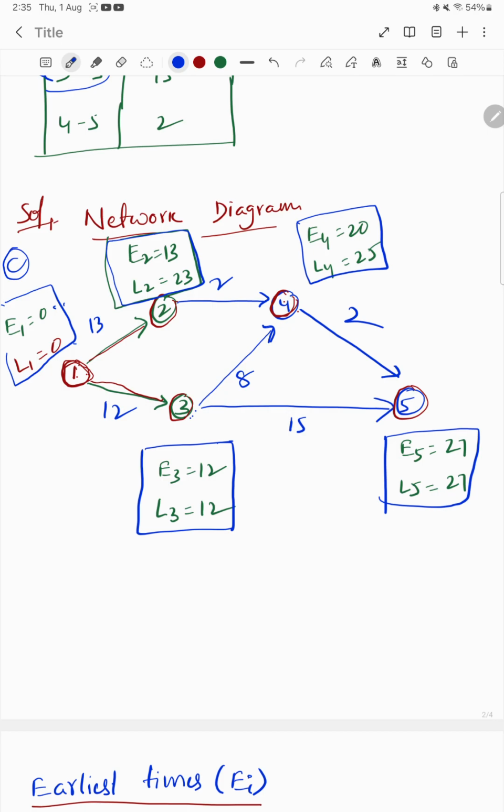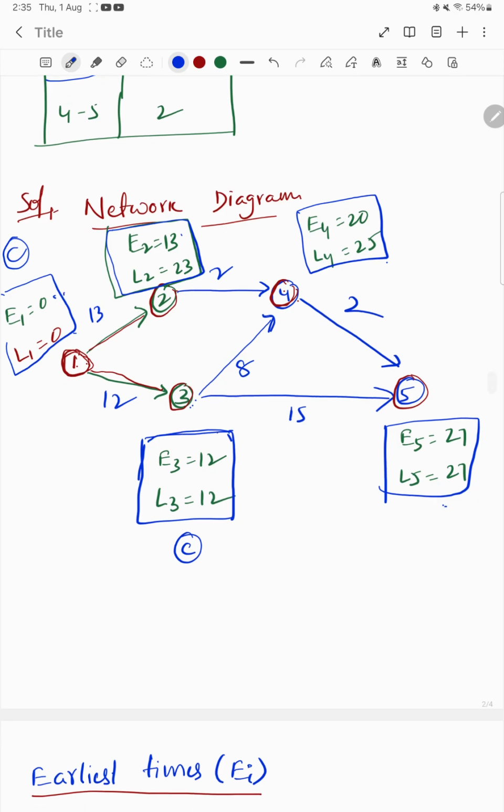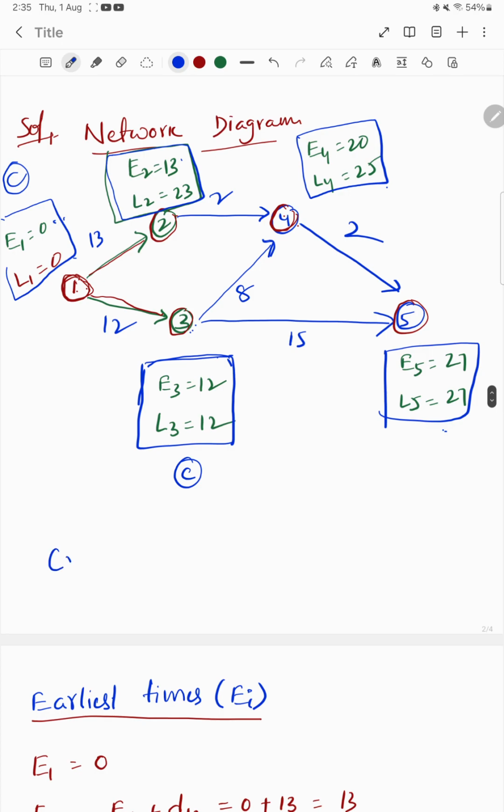E2 minus L2 is not 0, so it is not critical. E4 L4 is not 0 either, but E3 minus L3 is 0, so it is critical. The last one is critical too.